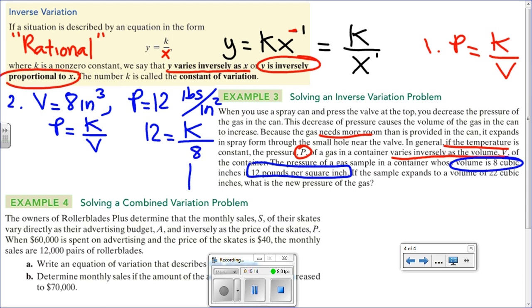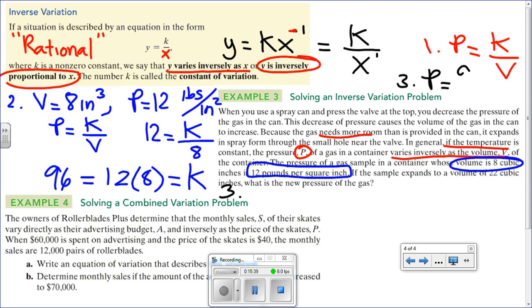So now to find K, the 8 is dividing K, so if you move it across, it's going to multiply. 96. Okay, so then we move on to number 3, where we write the model correctly, so I'm going to write it here. Number 3 will be pressure is equal to 96 over volume.